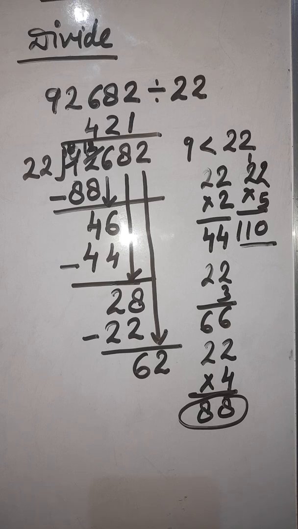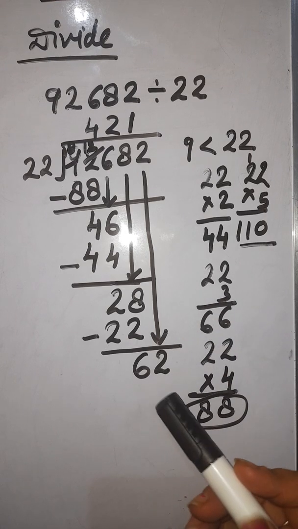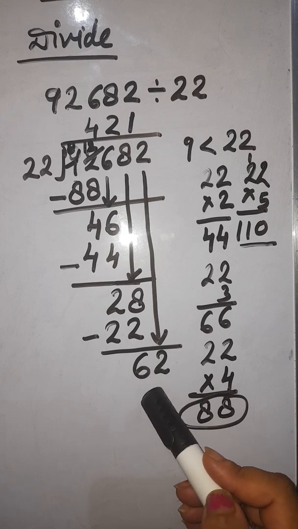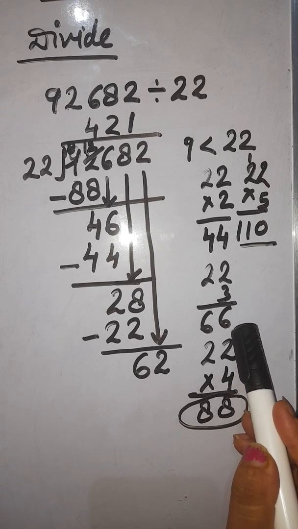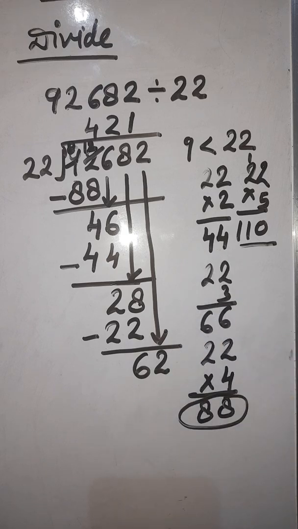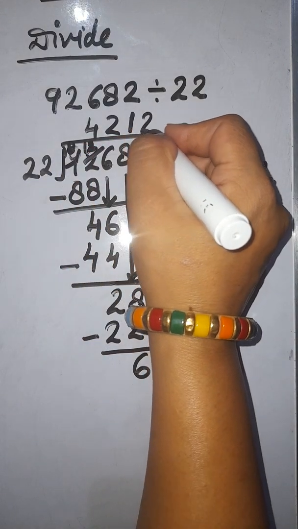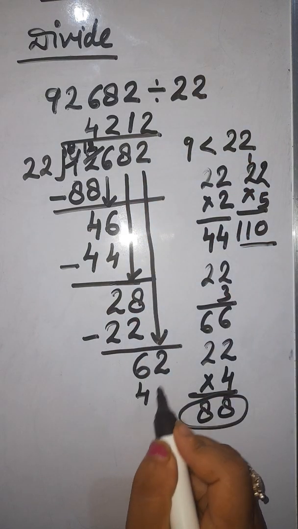Now check here which is smaller than 62 and near to 62. Look at here, 66 is greater than 62 and 44 is smaller than 62. So we'll write here, it is 2 times. 22 twos are 44.